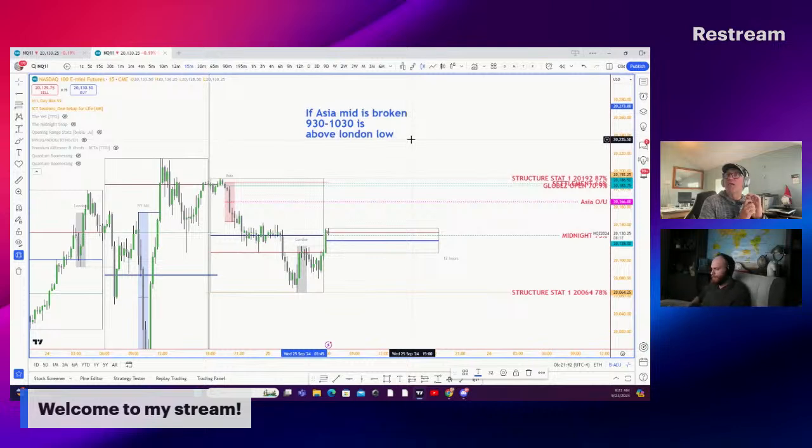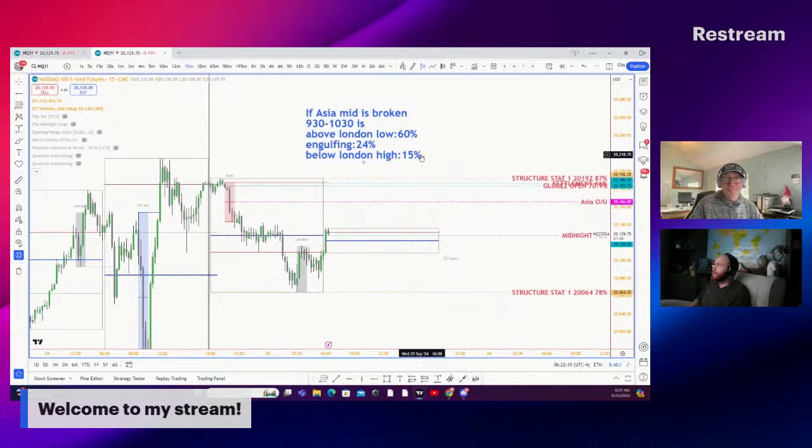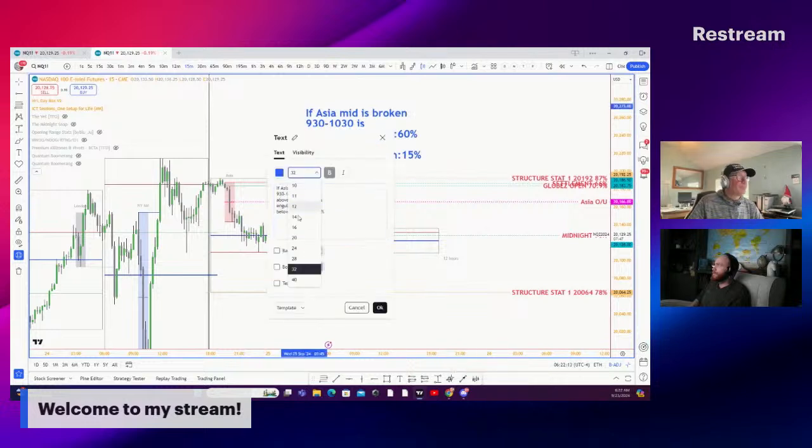What's the probability of that? Probability of the whole is 38 plus 12 is 50 plus 60%. All right. Engulfing London. London engulfing 24. Below London's high. 15. Sorry about the bell ringing, guys. Below the font. All right.